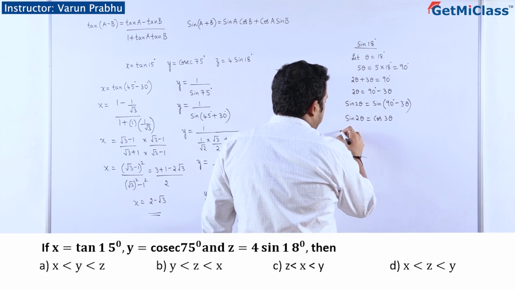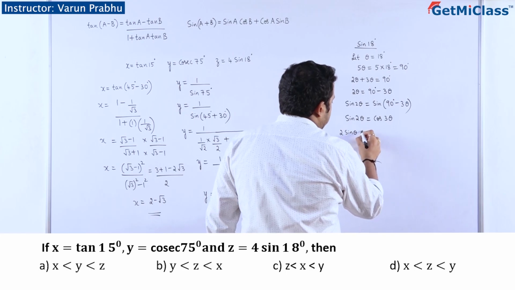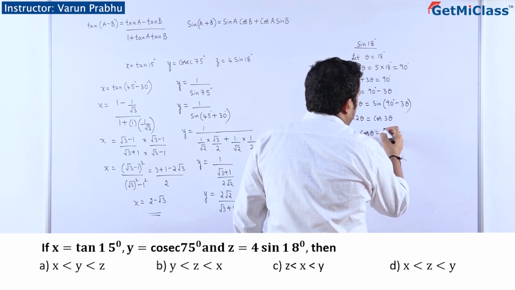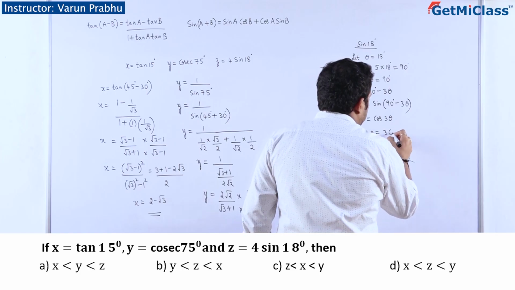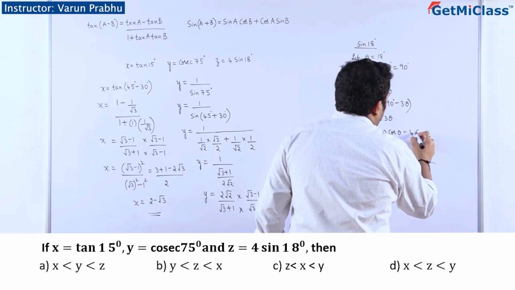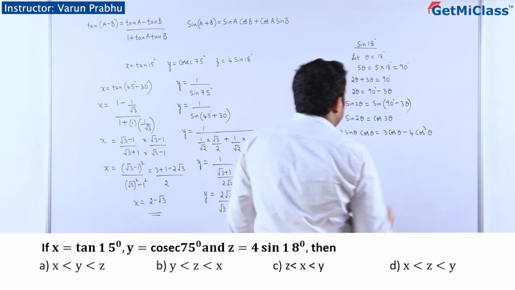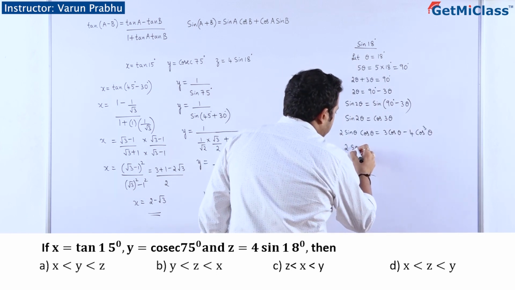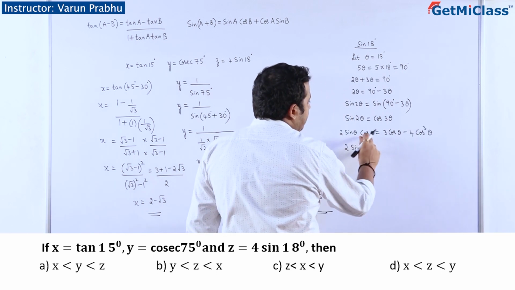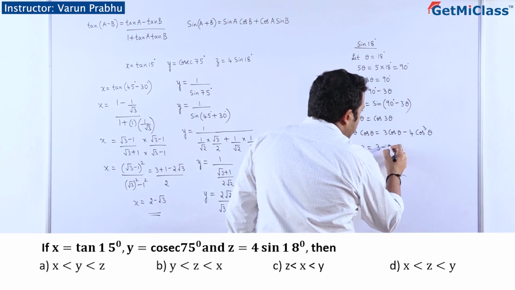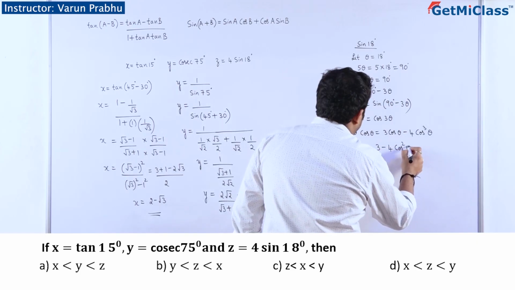Sine 2 theta can be written as 2 sine theta cos theta, that is equal to cos 3 theta, which can be written as 3 cos theta minus 4 cos cube theta. So I can say 2 sine theta, if you divide by cos theta, I'll get 3 minus 4 cos squared theta, correct?